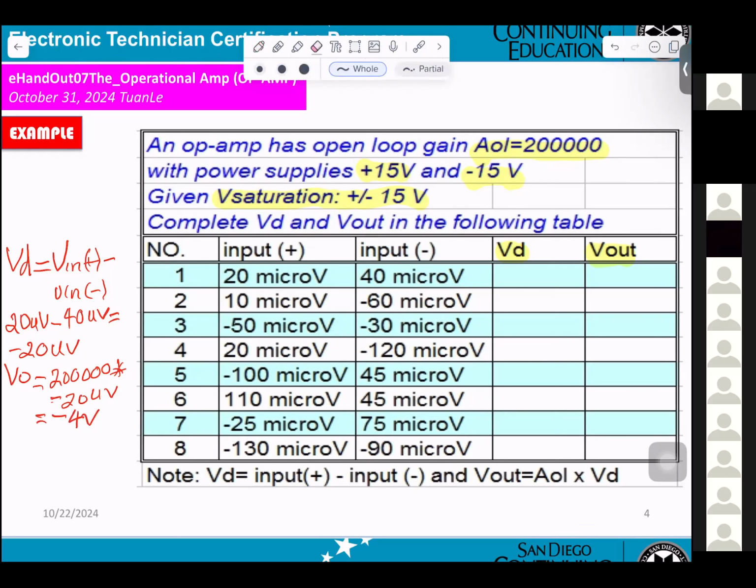So to complete that one, VD you get minus 20 and V out you get minus 4.